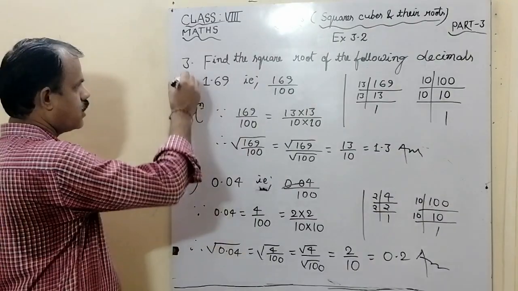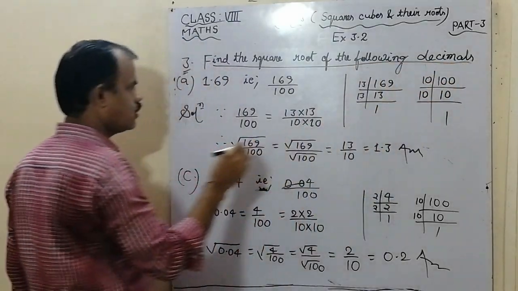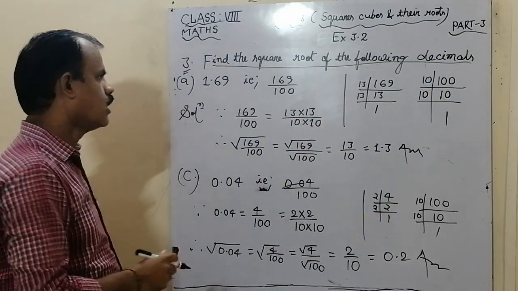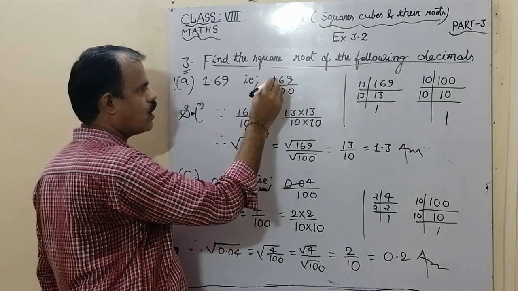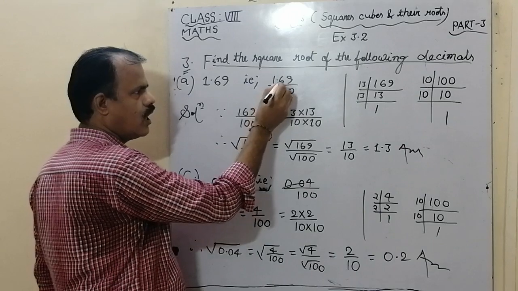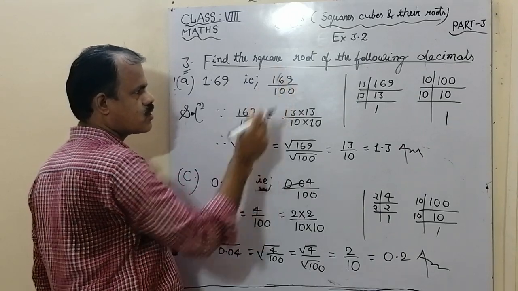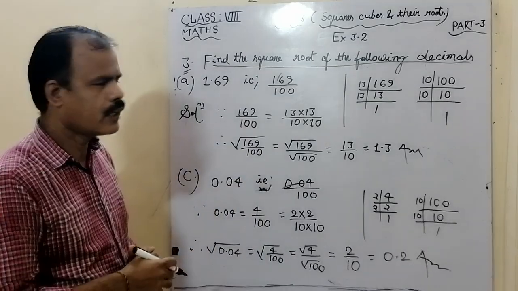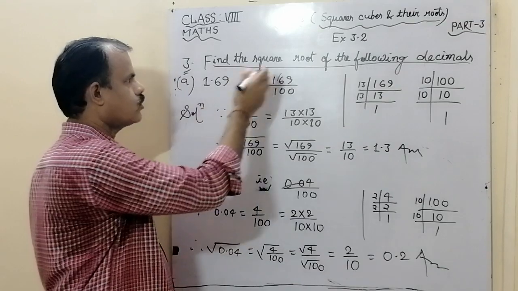So student, next question, question number 3, find the square root of the following decimal. 1.69. It means 1.69 is 169 upon 100. Why? Because the point here becomes 1 and 2 places are there, so 0 0, and remove the point. Now we have to find the square root of this decimal number.